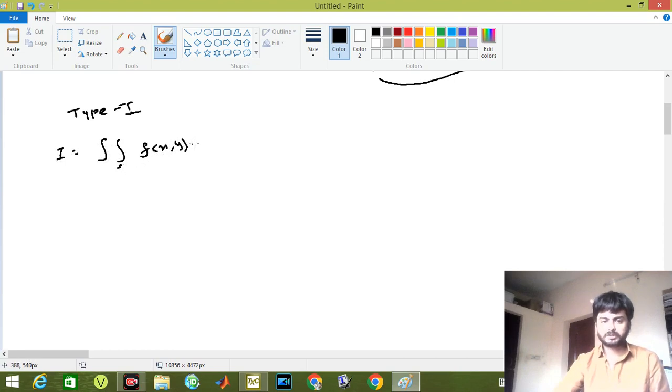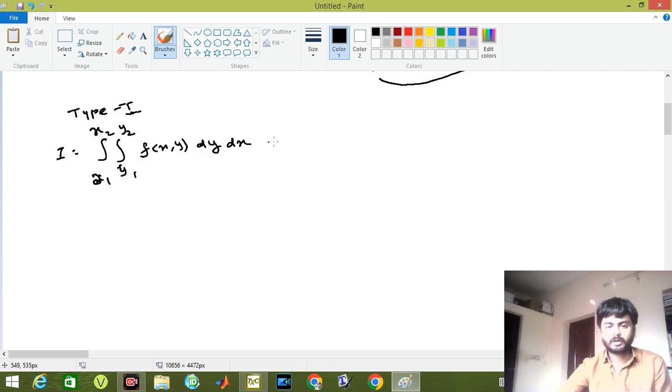The limits of the first integral will be y1 and y2 when we are integrating with respect to y. So you will have here y1 and here y2. After that you have to integrate with respect to x, so here you will have x1 and x2.